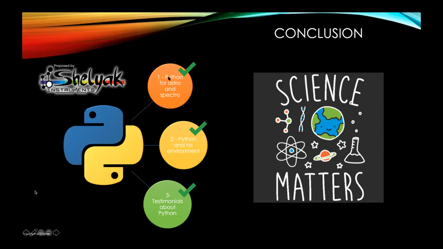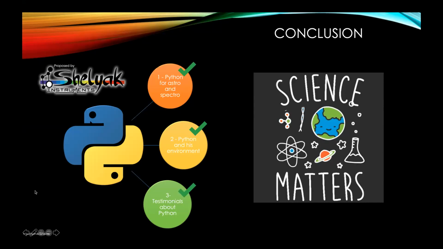So we have seen together first Python for astronomy and spectroscopy in the first workshop. After we have seen together Python and its environment, and today testimonials about Python. And I have to thank all of the speakers because every presentation was very interesting.